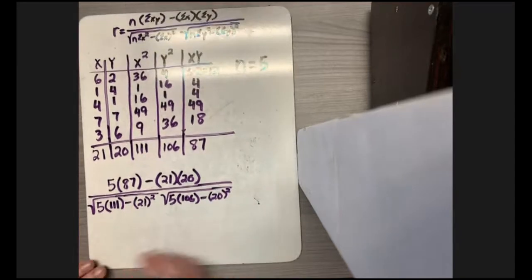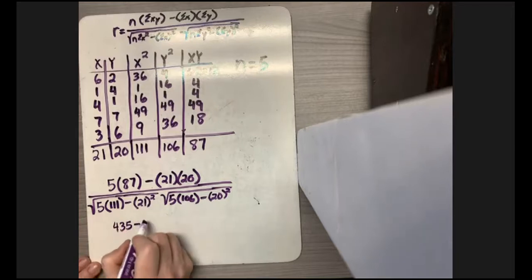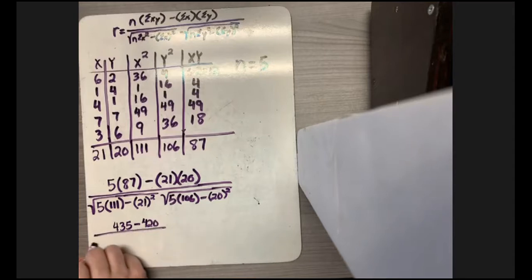Now what I'm going to do is all of my little multiplication or squaring pieces. 5 times 87 is 435. 21 times 20 is 420. I'm going to have 555 minus 441.